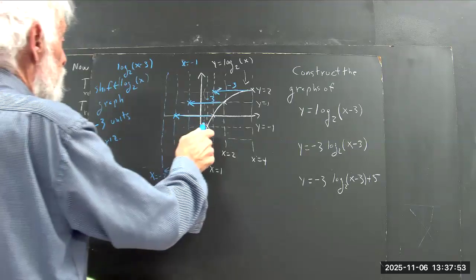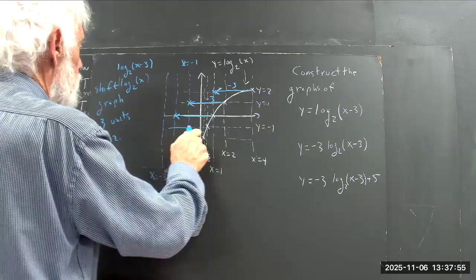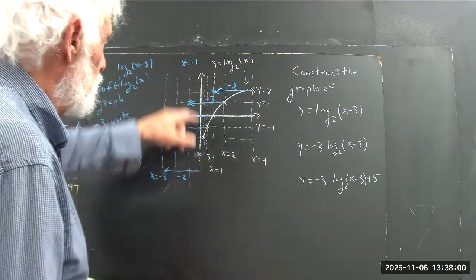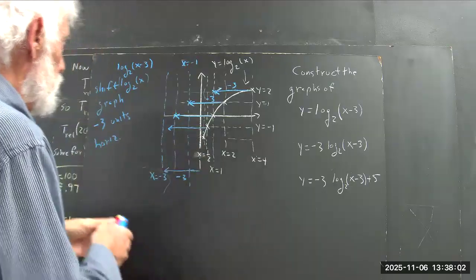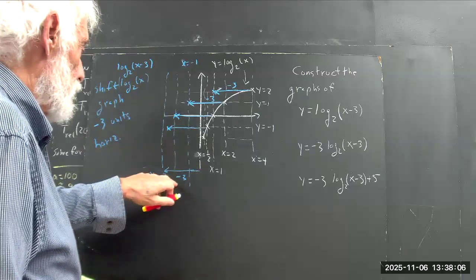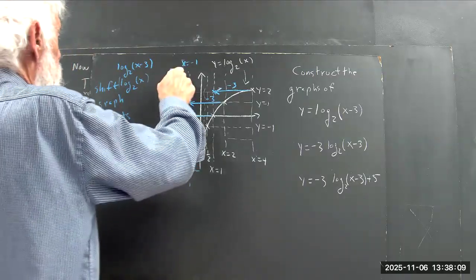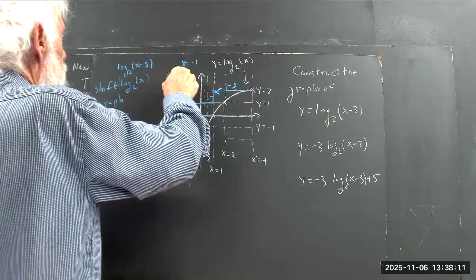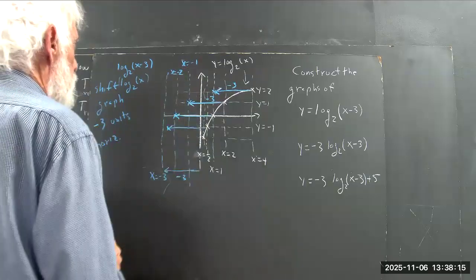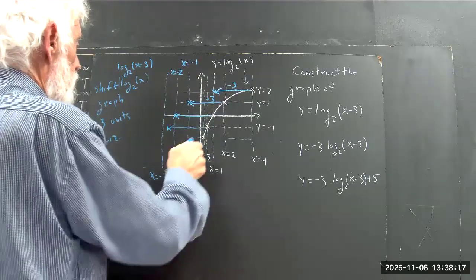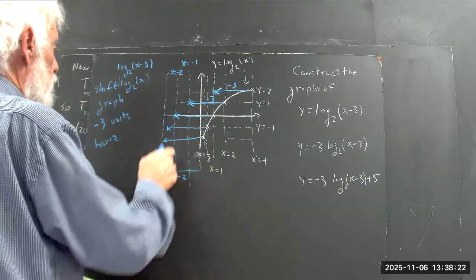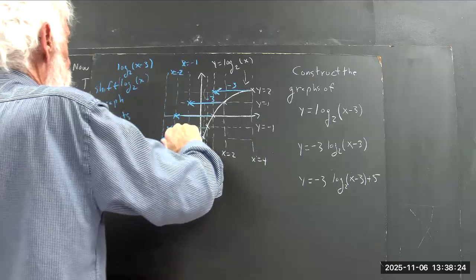Then this point moves 3 units to the left. It's halfway between the y-axis and x equals 1 line, so it'll end up halfway between the x equals -3 and x equals -2 line. And then this point will move over to where it's only a quarter of a unit to the right of the x equals -3 line.